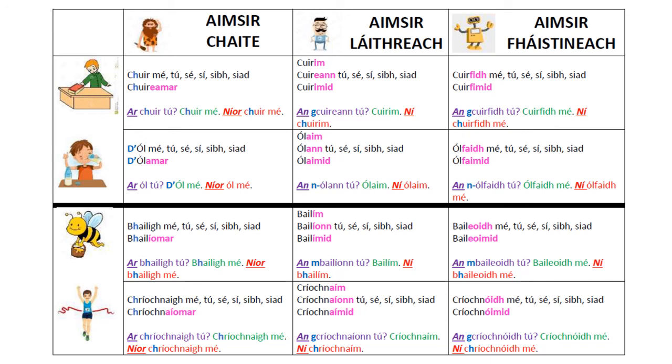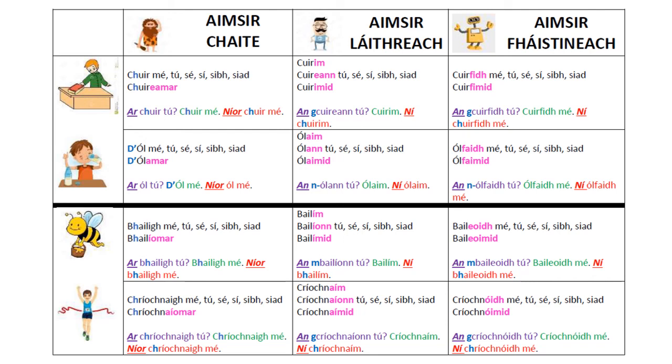So if quer is a one-syllable quail verb, then every other one-syllable quail verb you meet, you'll just use the same endings that we use for quer. If creeknig is a two-syllable broad verb, then again, any two-syllable broad verb that you meet, you just use the same endings that go with these.